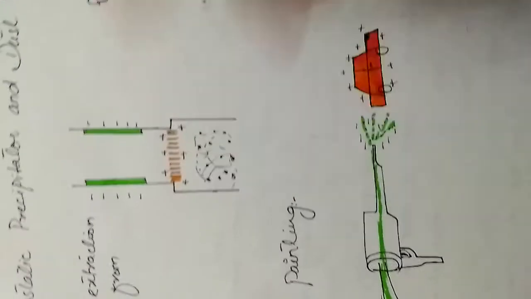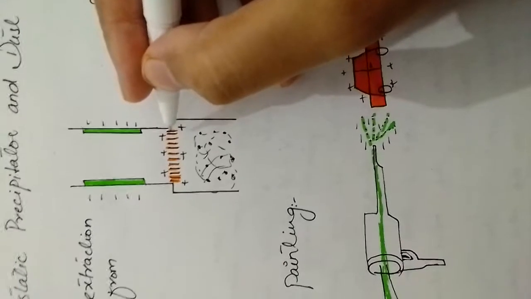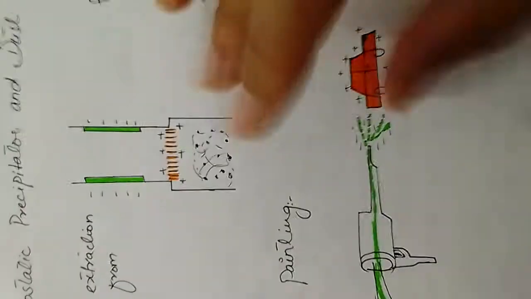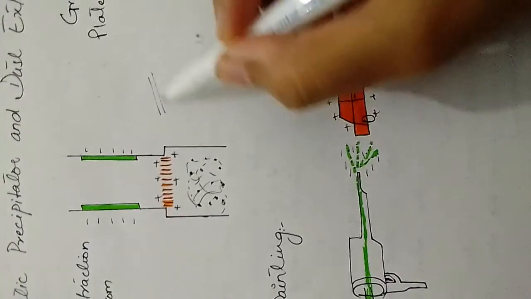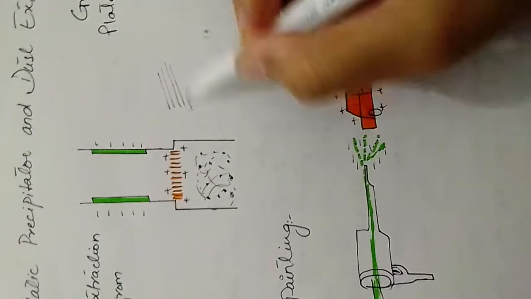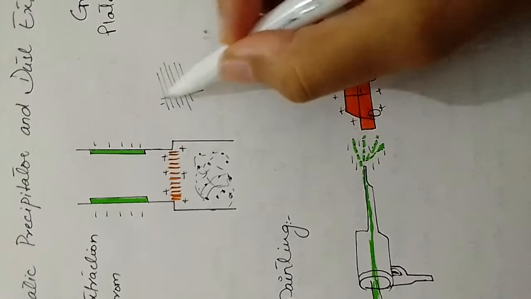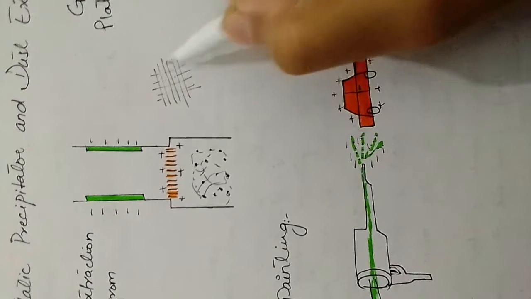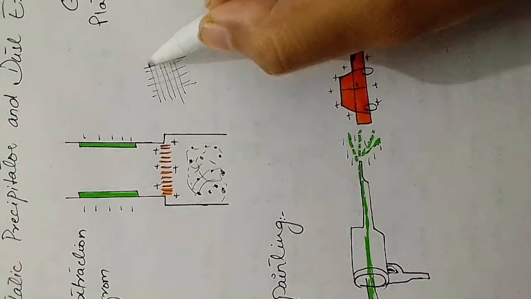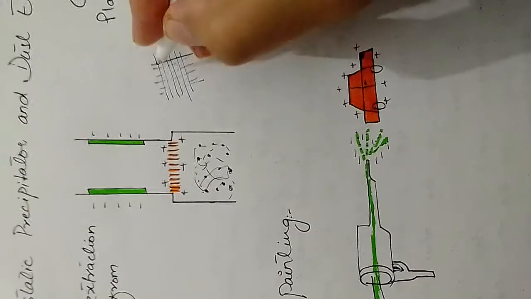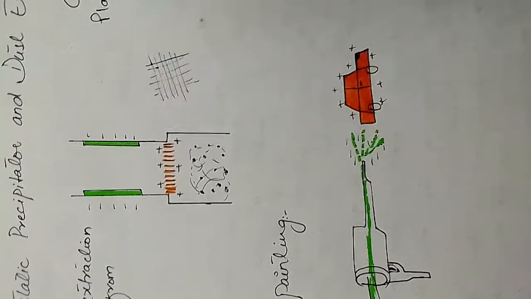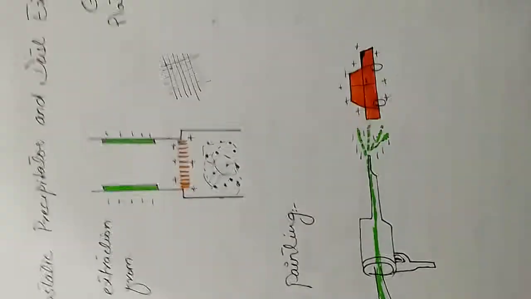For this purpose we are going to use a wire mesh, a very fine mesh, so that the dust particles can get trapped in this mesh and become electrically charged.